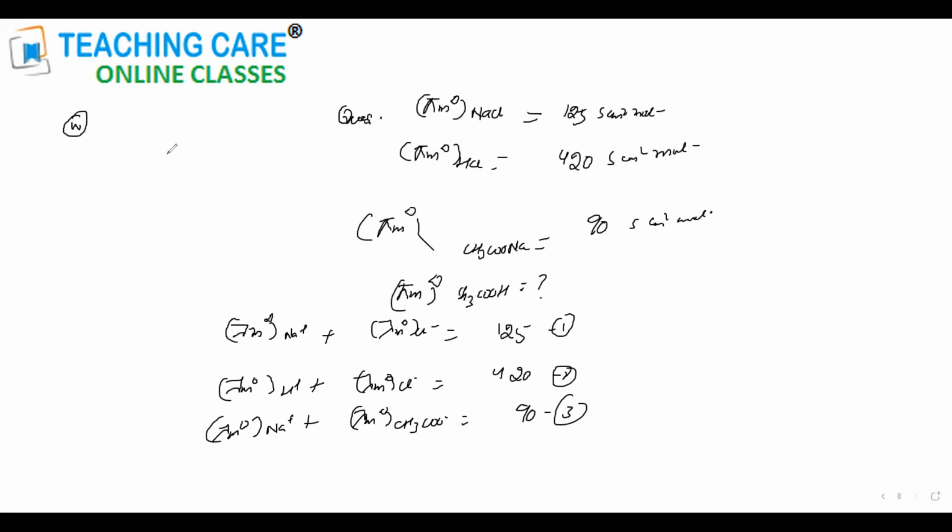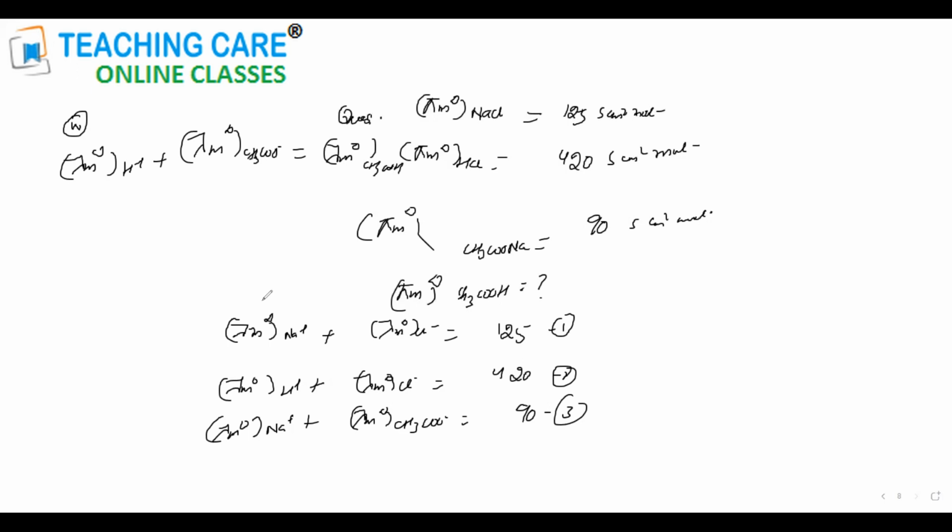The molar conductivity of H plus ion plus the molar conductivity of CH3COO minus ion will give the molar conductivity of CH3COOH. Okay, can you clear? So to get the molar conductivity of H plus ion and CH3COO minus ion, what we can do?